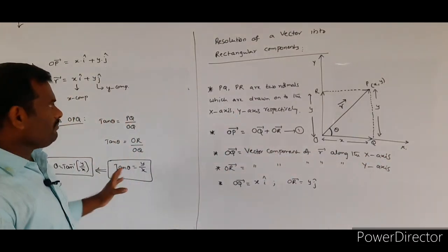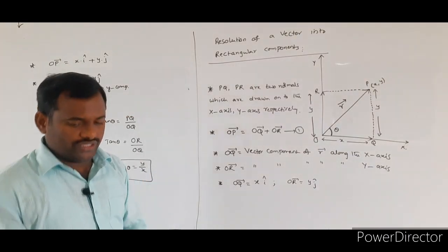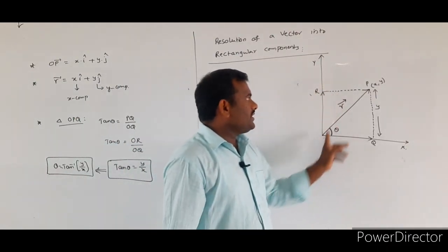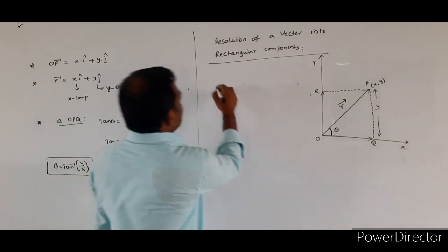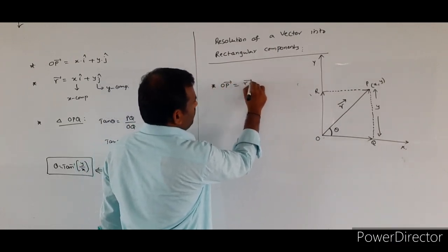So, this is simply about resolution of a vector into the rectangular components. Once again, see the same diagram. This is the position vector r bar. OP bar is equal to r bar.